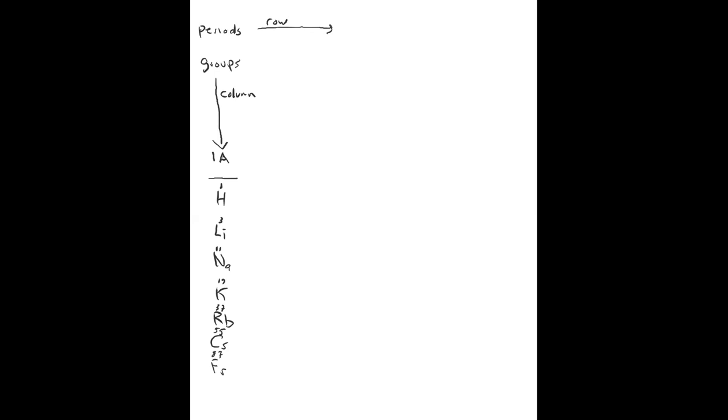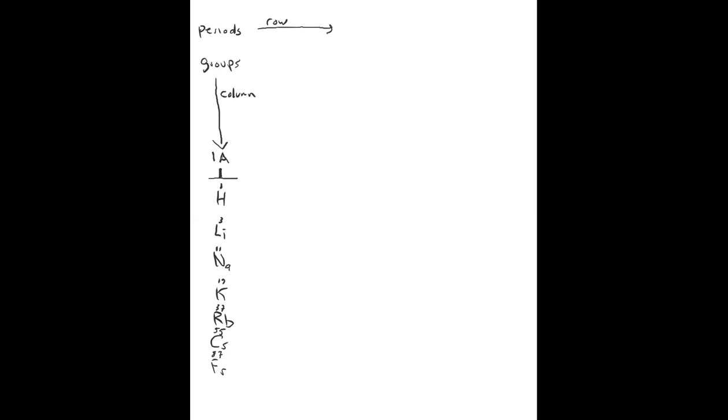The more modern system is you just put the number of the column it's in. It's in the first column, so it's column number 1, okay? So it's in the first column, it's in group 1 or group 1A. So you just have to figure out which system Alex is using. Alex is using the system where you put the letter A, okay?